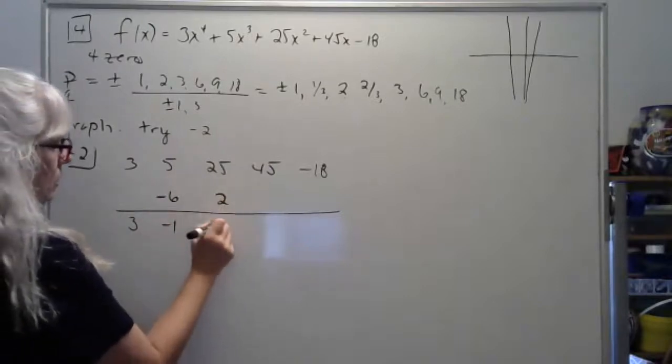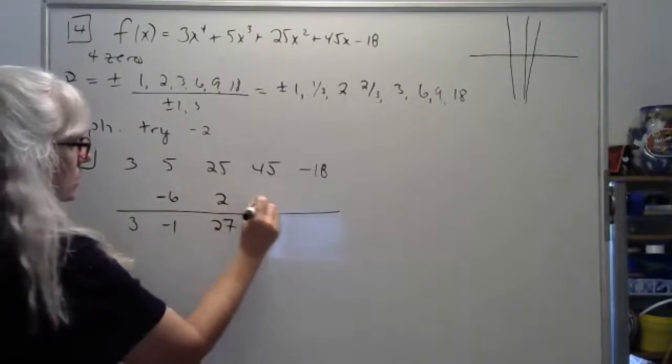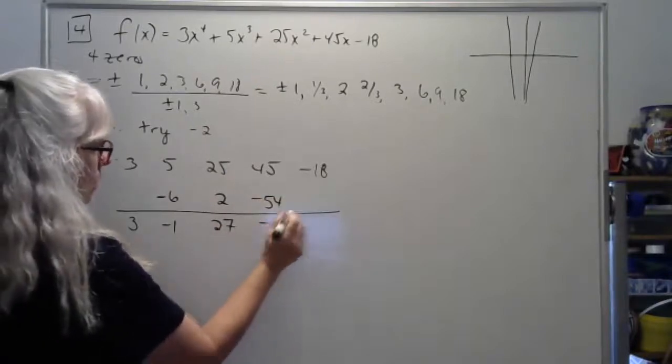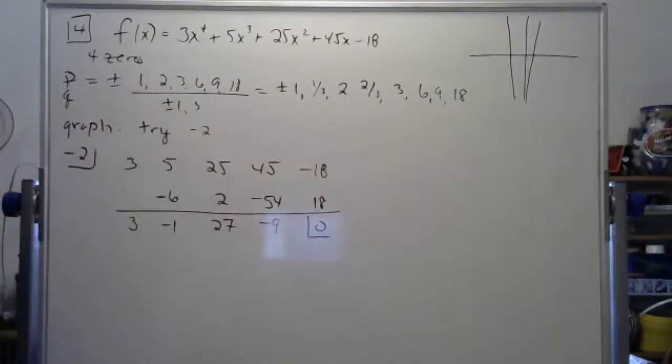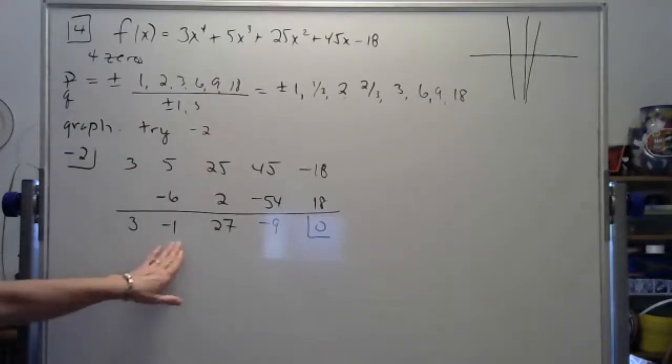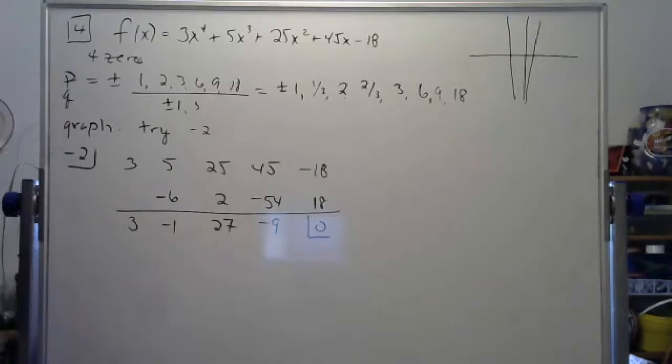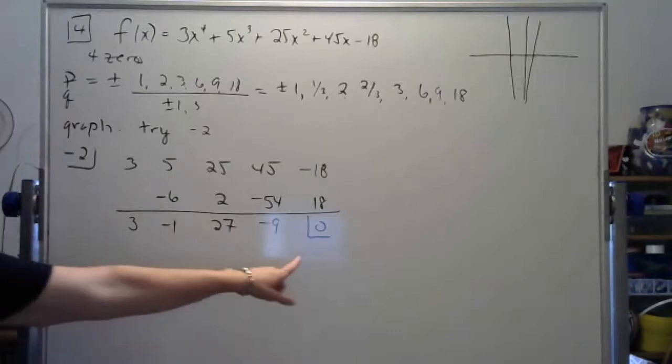Be really careful, don't make sloppy mistakes, which is so easy to do. So I ended up with coefficients of 3, -1, 27, and -9. Okay, and we have our proof that we have a 0.